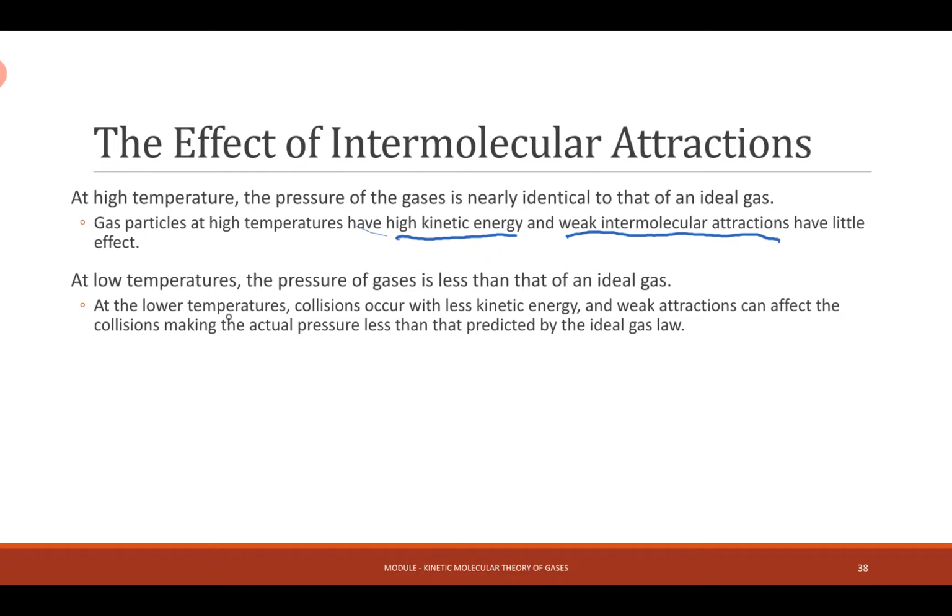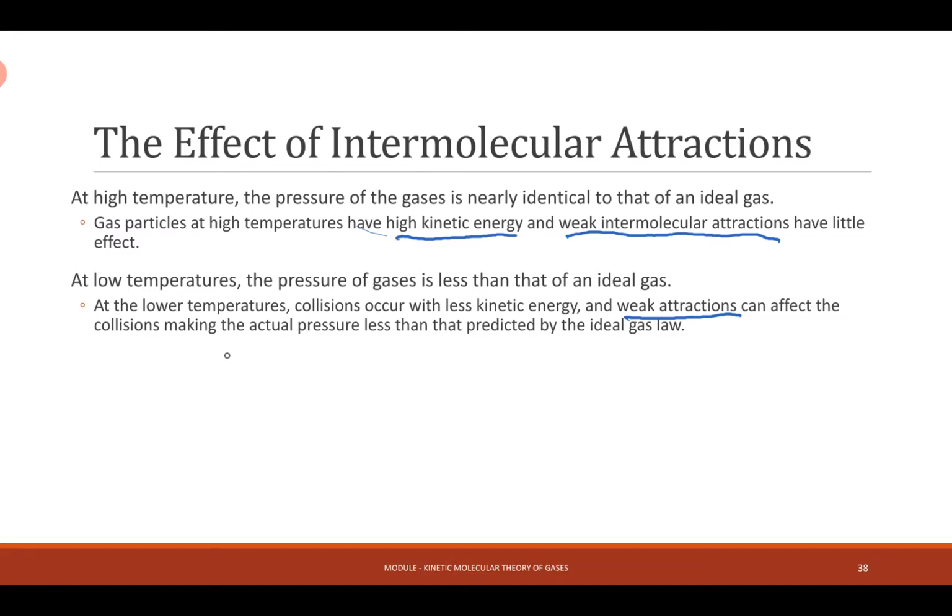But at low temperatures, then they are hanging out more, and so they collide with lower kinetic energy. And so as they collide, they are attracted to one another more strongly because now they actually have time to interact. The amount of attraction is great enough that it can actually make them stay closer to one another.